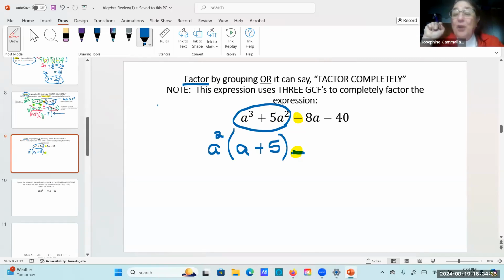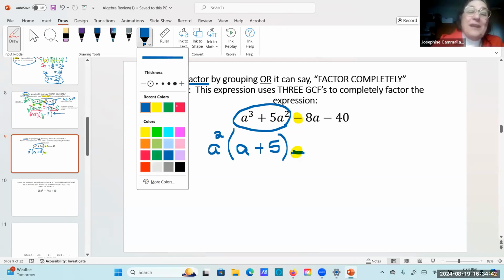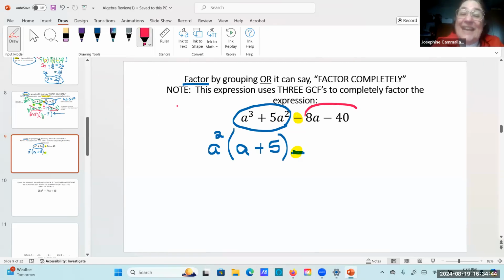So Nicholas, you're on a roll, but we got to get the other one too. Now, this one, 8 and 40 have a greatest common factor of 8. But you've got to be careful. You are dividing out by -8, which gives you a plus 5.